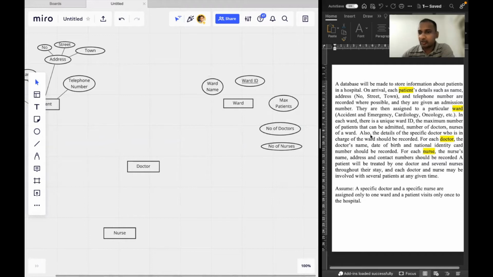Also the details of a specific doctor who is in charge of a particular ward.